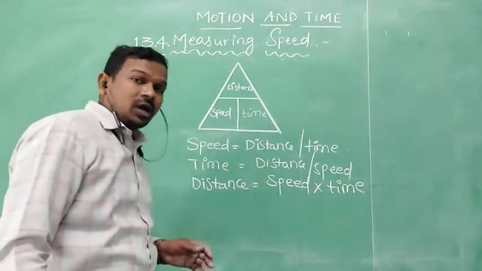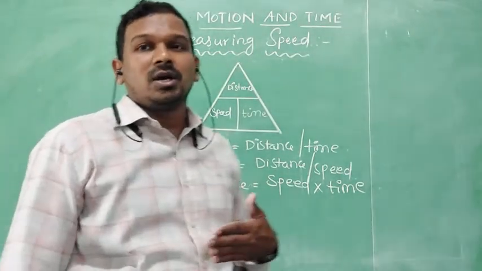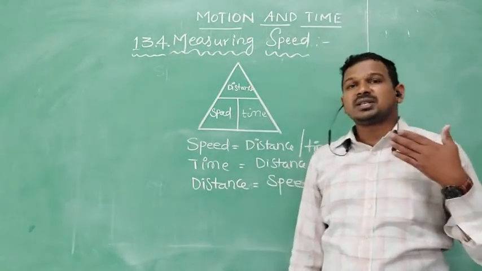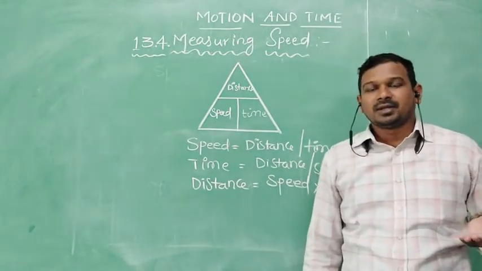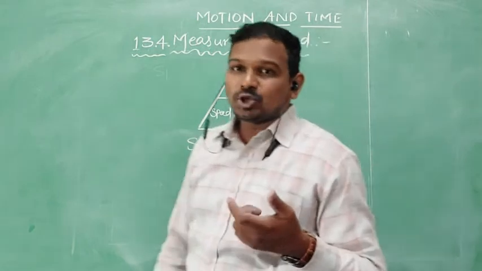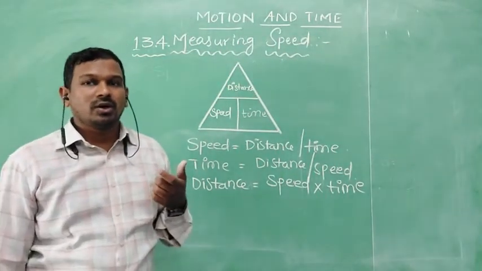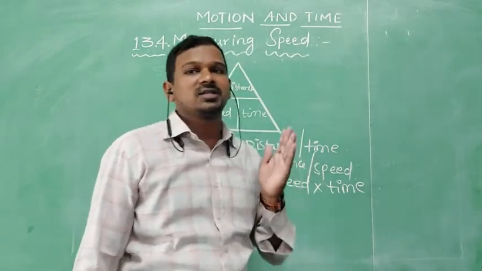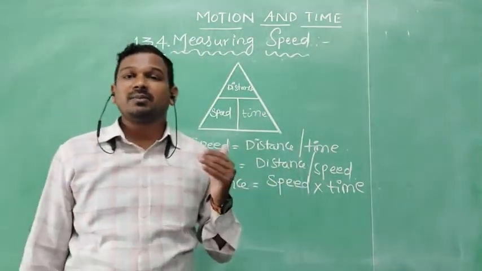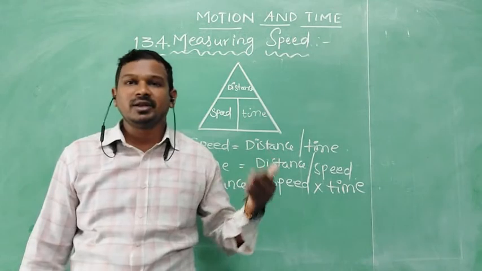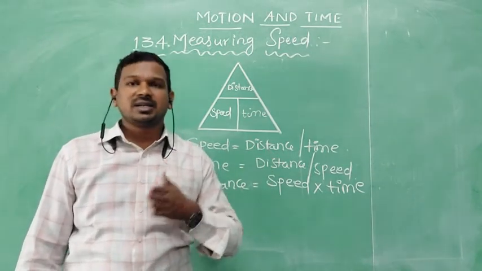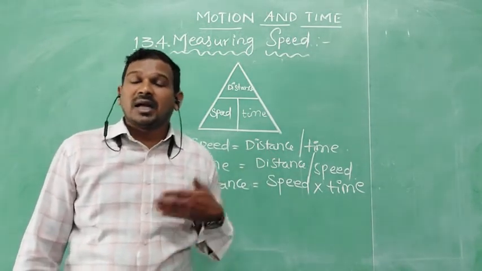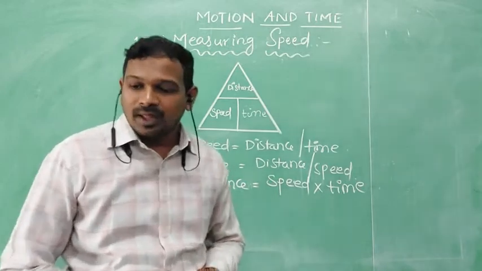Now I want to discuss how to measure this speed. What instrument do we need to use to know with what speed the vehicle is going, how much distance it has traveled? With what instrument can we calculate the distance covered by the body? That we will discuss now.